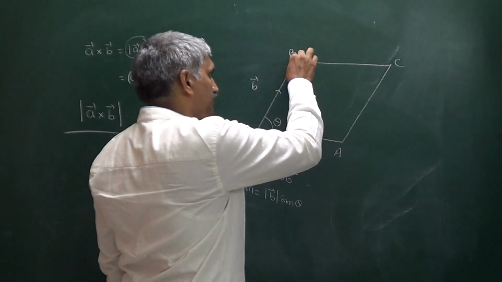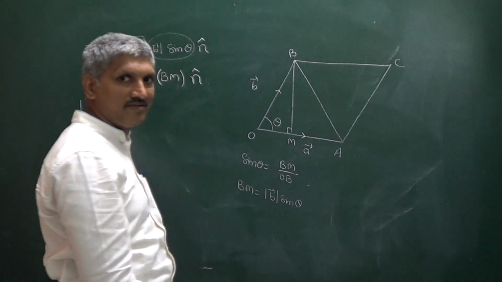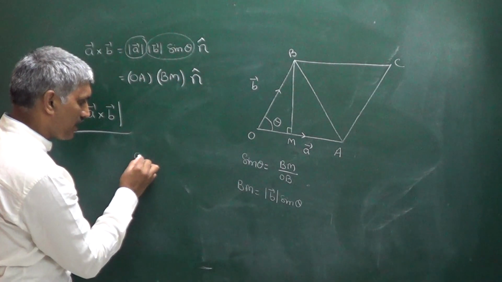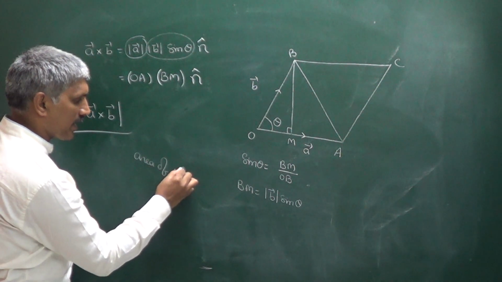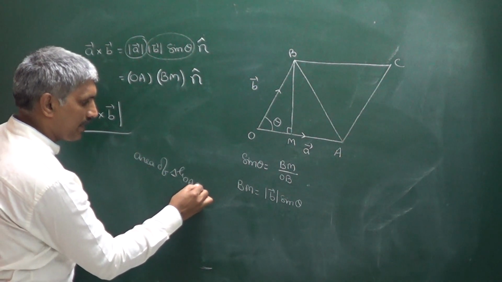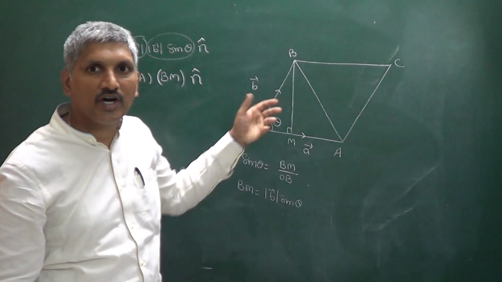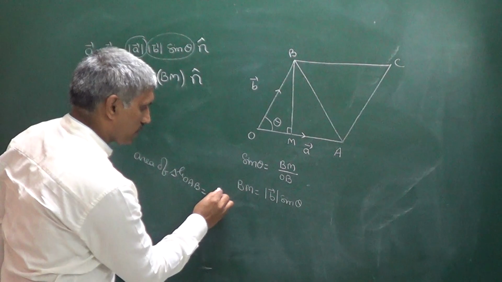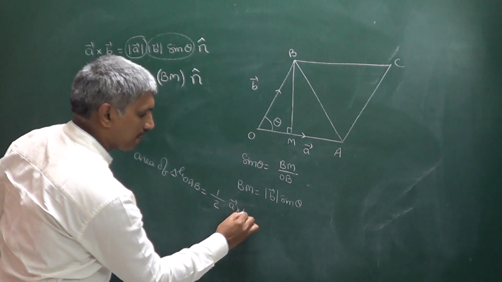Now observe here, what is the area of this triangle? The area of a triangle OAB is nothing but the entire parallelogram area divided by 2. That's why half into A bar cross B bar.